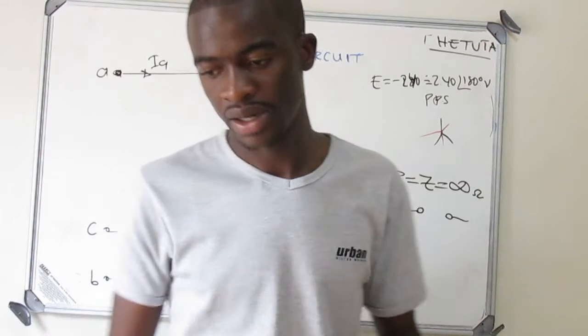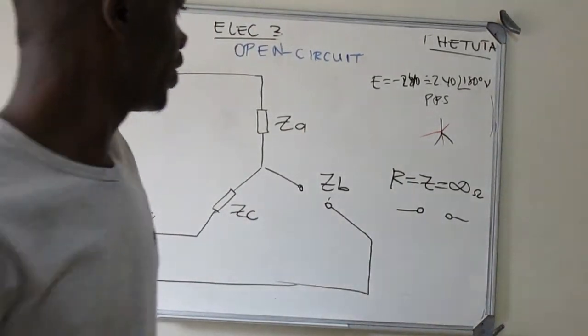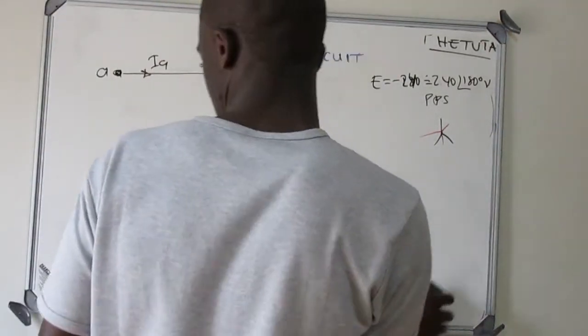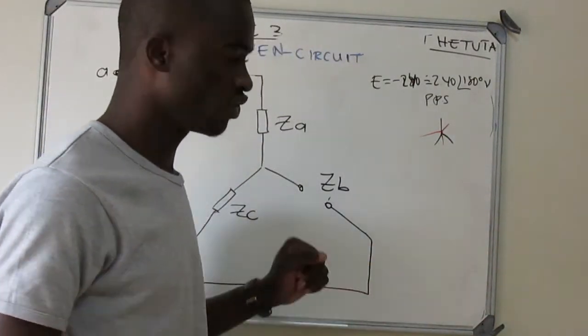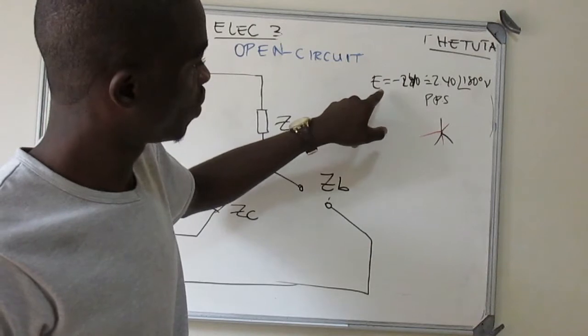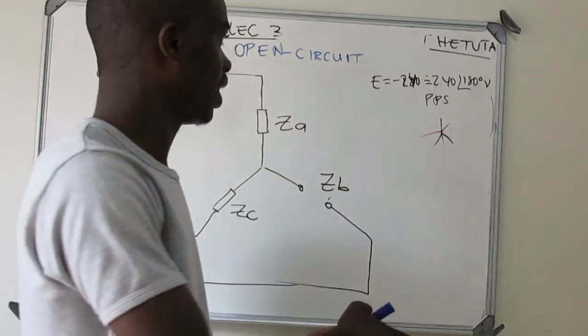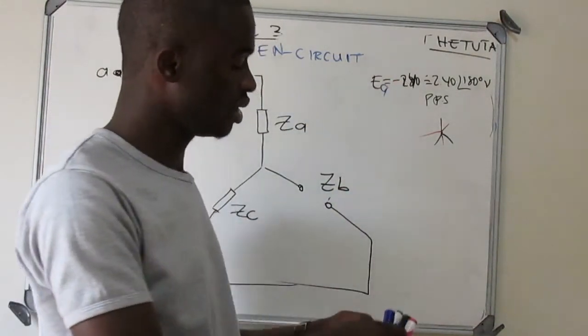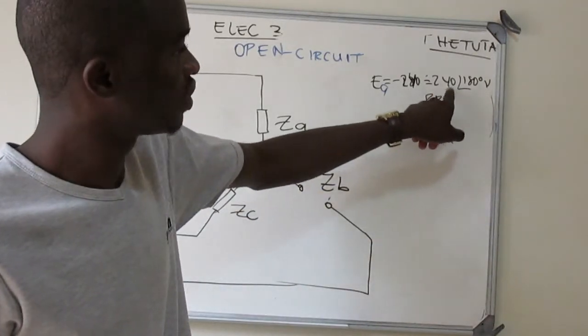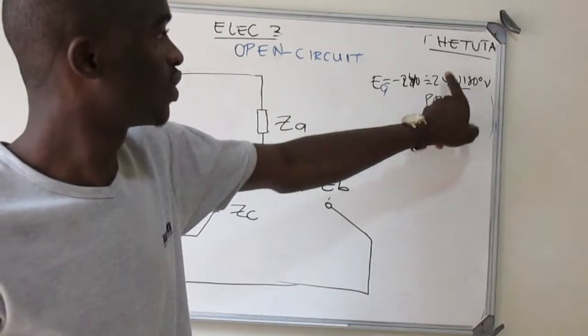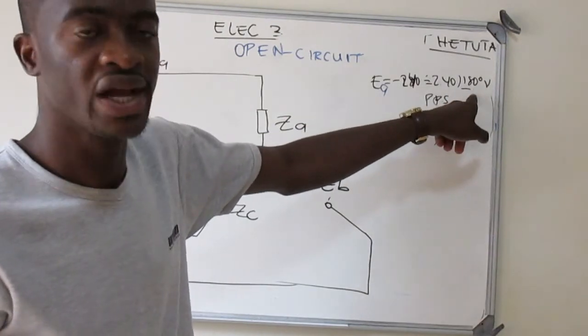Okay? And then after doing this, how do we solve it? I'll say the most important part. Every time you have to solve your Electrical Engineering 3 problem, what do you do? You start with your reference, and in this case it was EA, given as minus 240 volts. You change it to this voltage, and because of that minus, you're going to have an angle of 180.